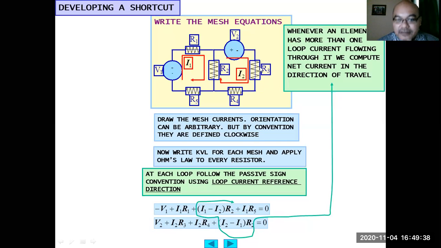The direction of the loop is here, so I2 will be positive, I1 will be negative, because I1 also flows through R2 but in the opposite direction from the loop direction. So we assign a negative sign here: plus I2 negative I1 multiplied by R2.